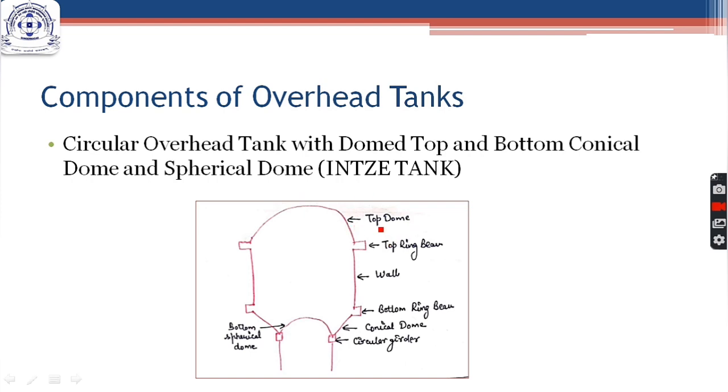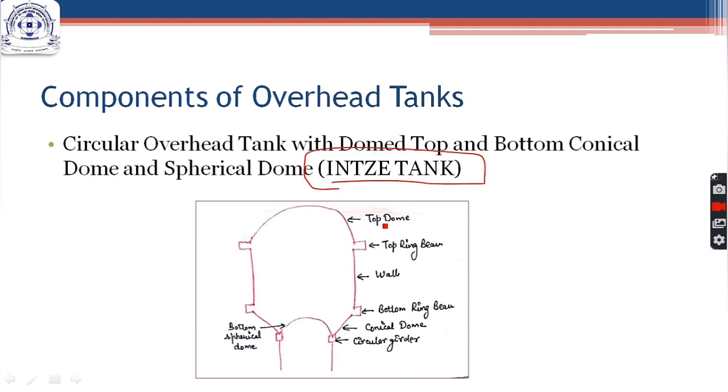So here we have the top dome, then the top ring beam, then the wall, then another bottom ring beam, then we have the conical shaped dome, and below that we have the bottom spherical dome, and below that we have the circular beam, and below that we have the columns. So this type of tank is the Intze tank.